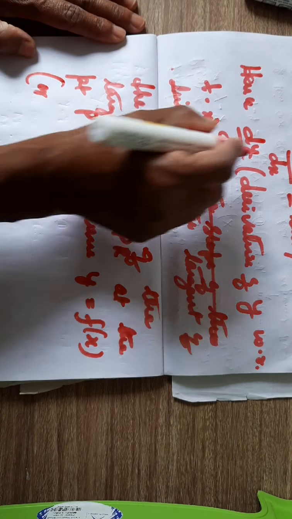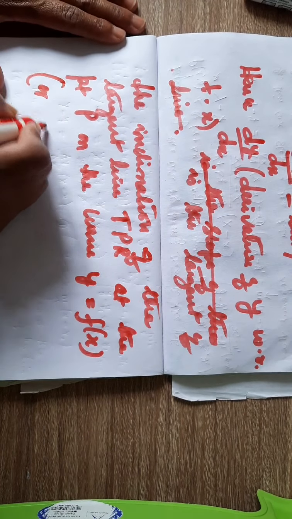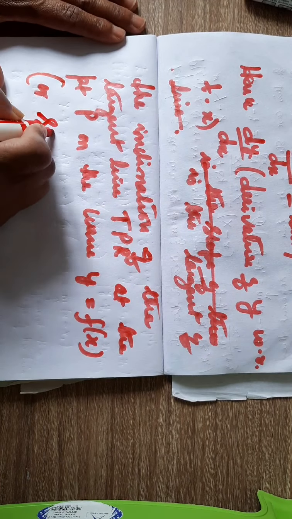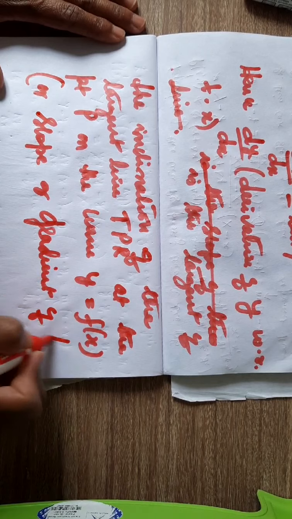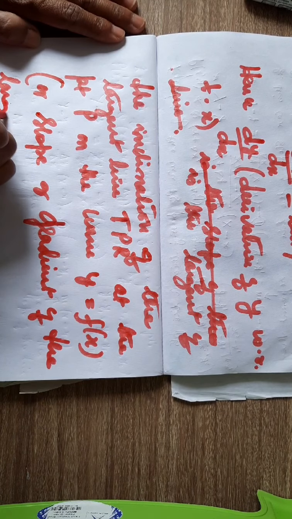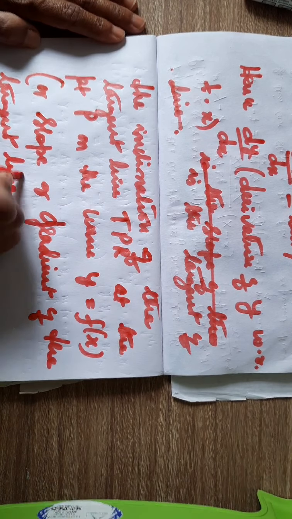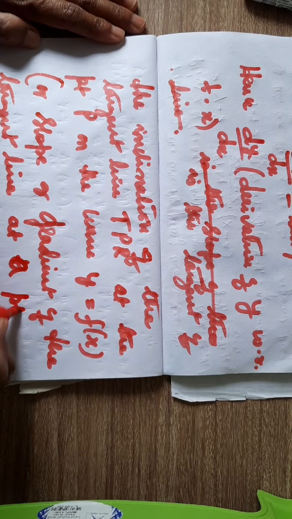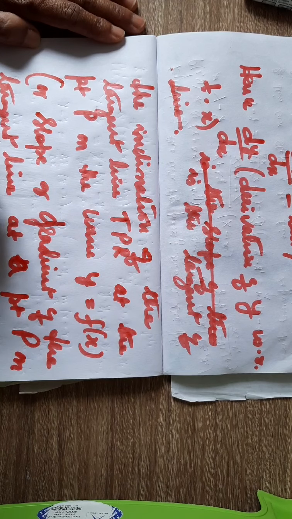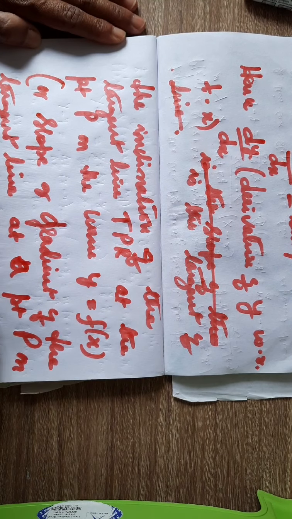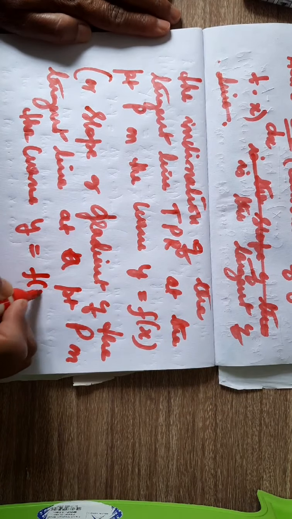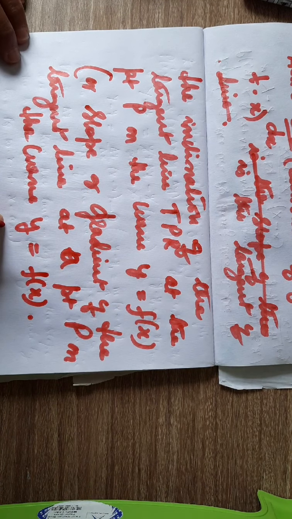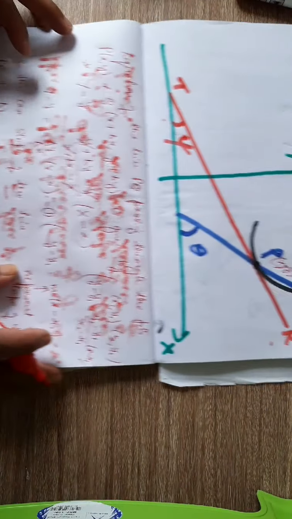That means dy/dx is also known as the slope or gradient of the tangent line at a point P on the curve y is equal to f of x. So this one is the geometrical interpretation of the derivative of y with respect to x.